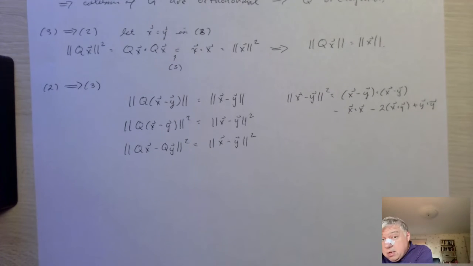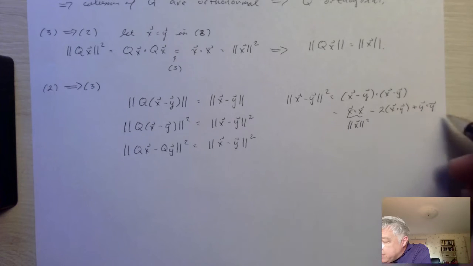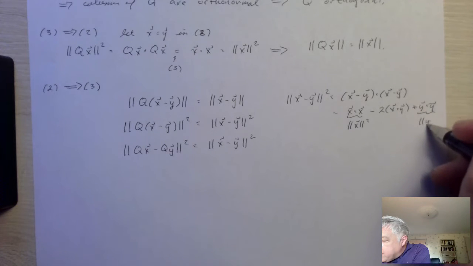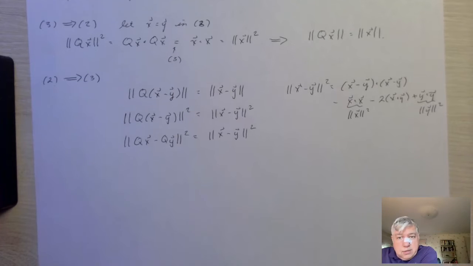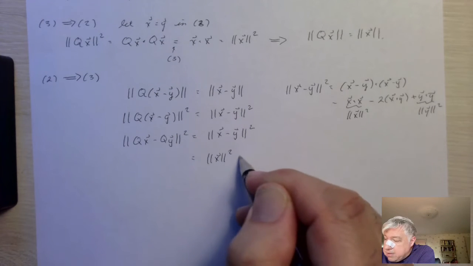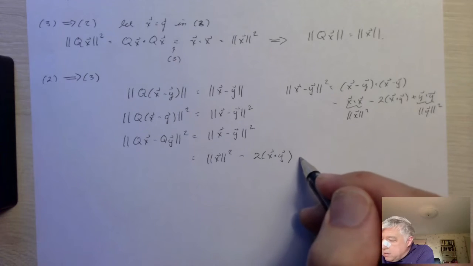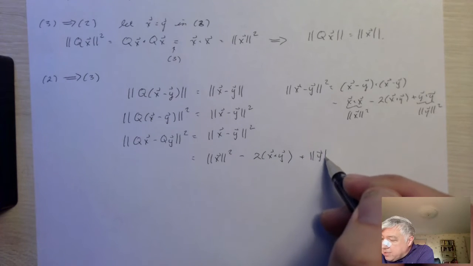And then we know that this is the length of x squared, and this is the length of y squared. So this side can be written as the length of x squared minus 2 x dot y plus the length of y squared.